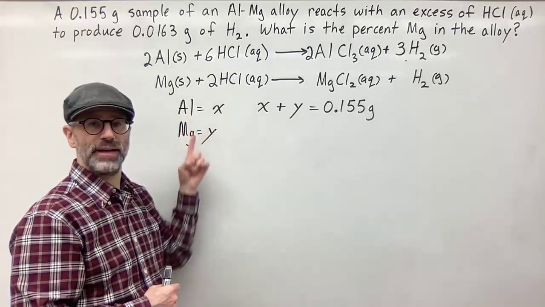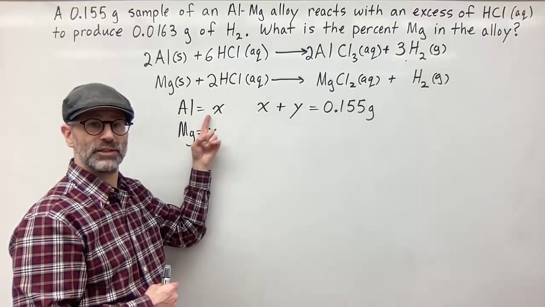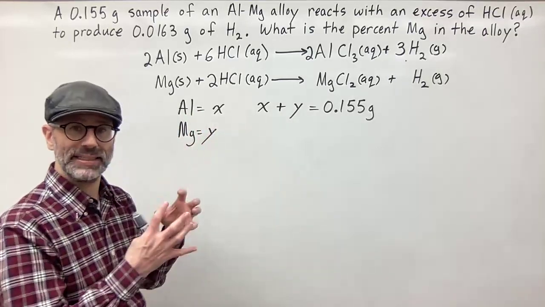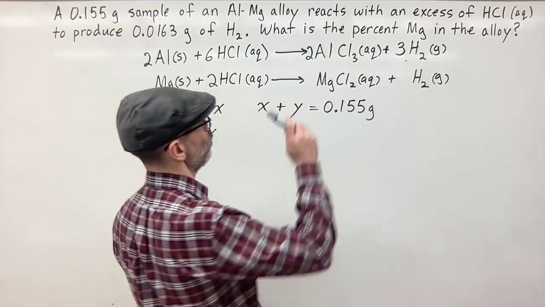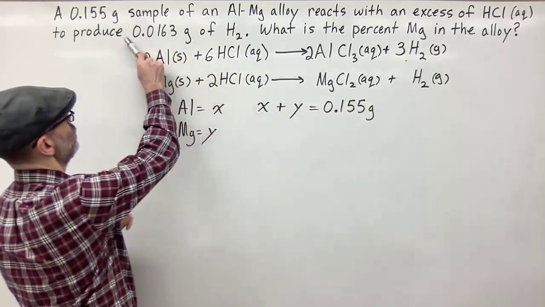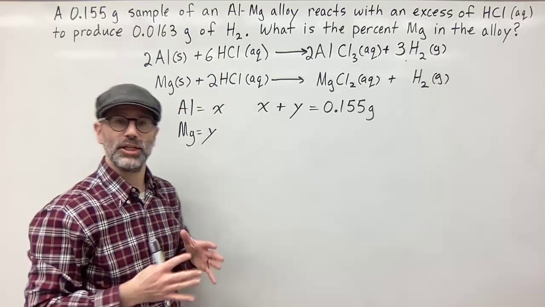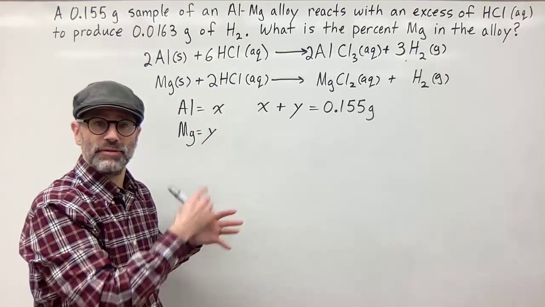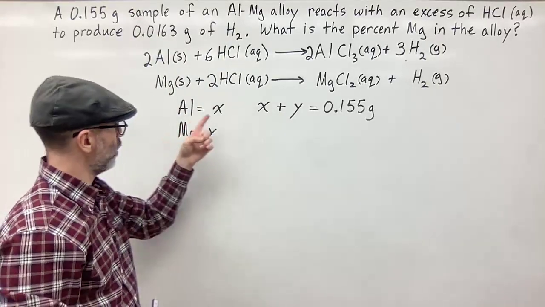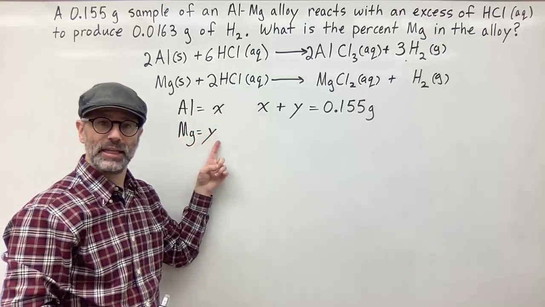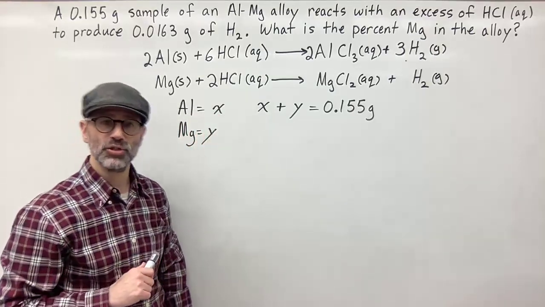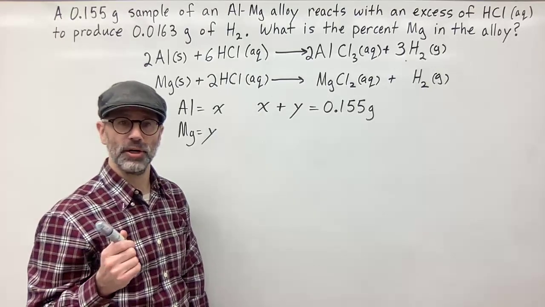Both amounts of hydrogen gas formed from aluminum and magnesium added together must equal the total mass of the hydrogen that I'm given. So all I need to do is find the amounts of hydrogen that came from both the aluminum and the magnesium, and this is where stoichiometry is going to be important.